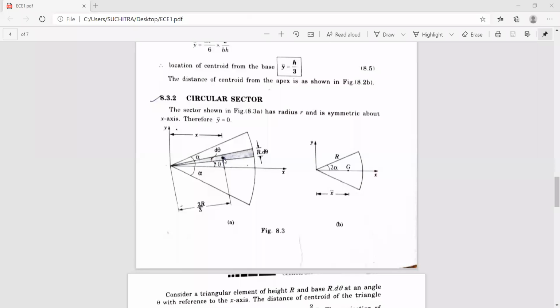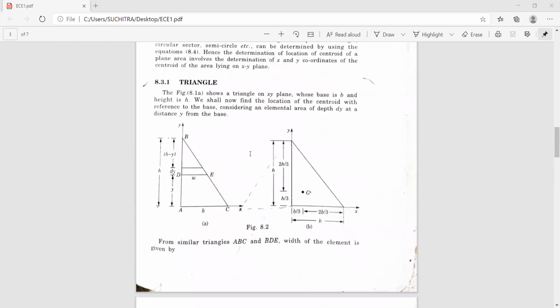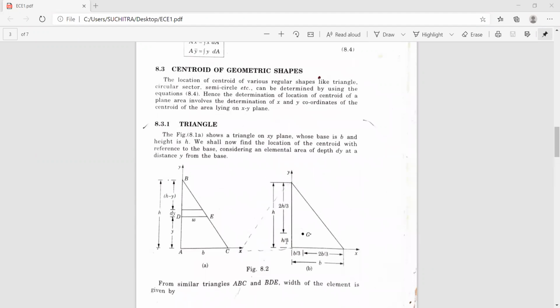Now, this being the centroid of the triangular elemental area, it is at a distance 2 by 3 times the height. So this is the apex of the triangle, and this is the base of the triangle, and this centroidal distance is at a distance 2/3 r. You can see here from the apex it is 2h by 3.